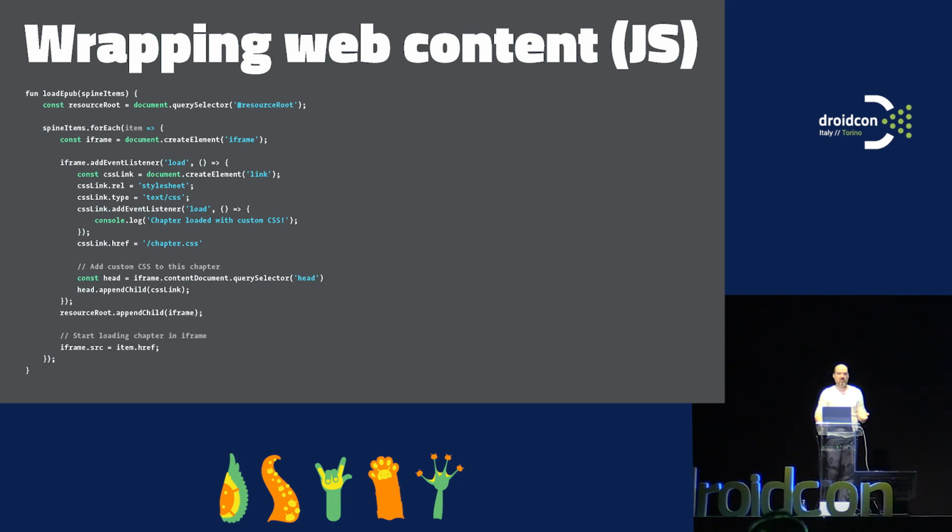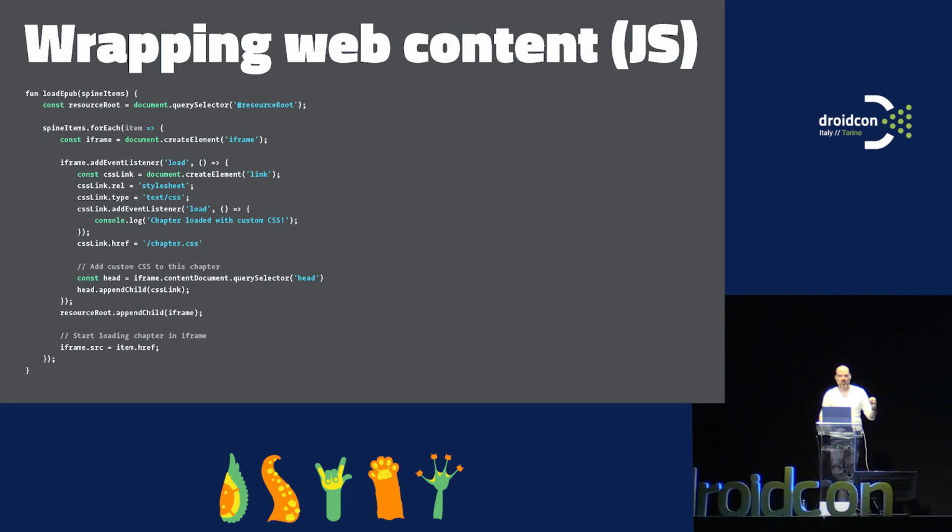Now, when that item has been loaded, we get an event. So the load event is triggered. And inside there, we're going to inject the CSS that is relevant for that chapter. And we create this CSS ourselves. So first we create the link, which is the HTML element that you use for including style sheets. We define the attributes for that one and set those. We set another callback, a load callback for this one, for listening for the load event on this element.